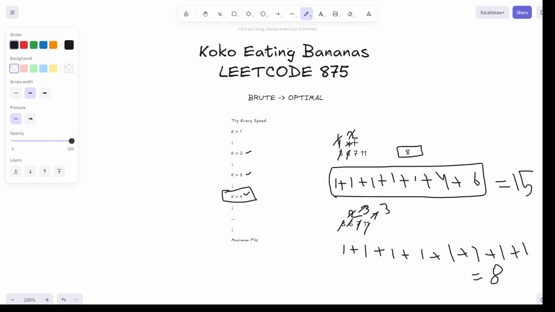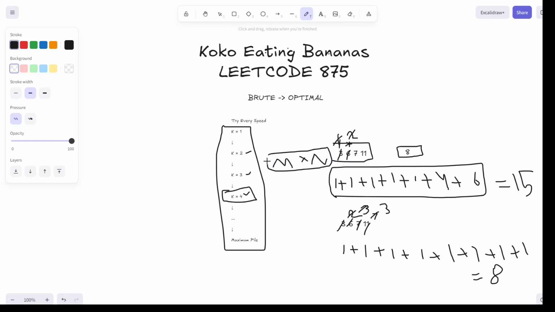Let's say m is the number of piles, which is 4, and n is the highest number of bananas in a pile, which is 11. So the complexity would be m cross n. It is a very long time to solve this question, so we will not consider this approach. So this was the brute approach.